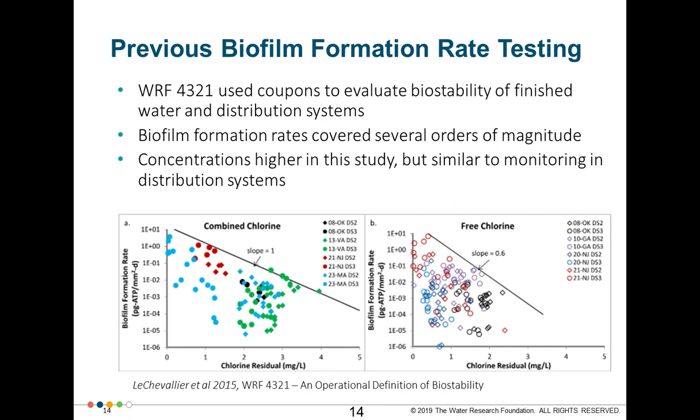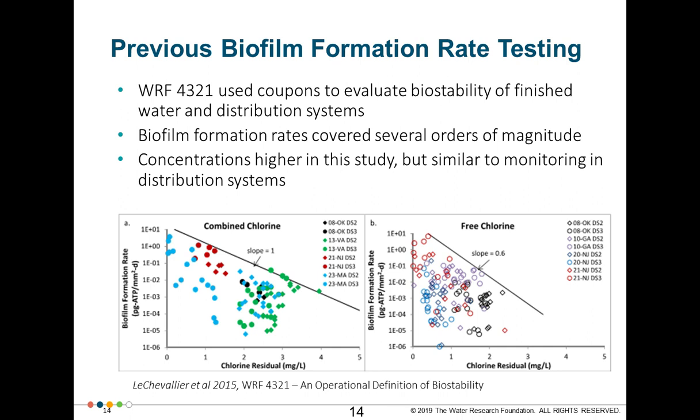And what we found was that at the point of entry to the distribution system, so this is after disinfection, a target of 0.09 picograms per millimeter squared per day for chlorinated systems and 0.017 picograms per millimeter squared per day for chloraminated systems was important for the biofilm formation rate to maintain disinfectant residual stability and biostability in the distribution system.